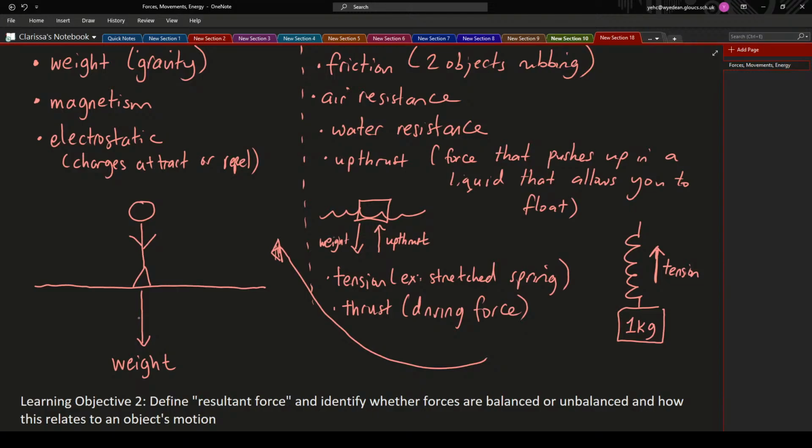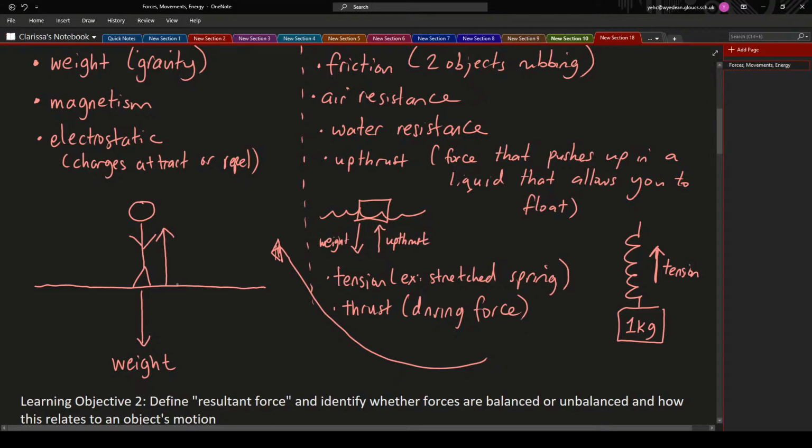Therefore, it would just continuously pull you down and down and down until you reach the center of the earth. So there must be another force involved that balances the weight, that balances the force that you are putting on the ground due to the weight. And this force is pushing upwards. And we call this the reaction force.